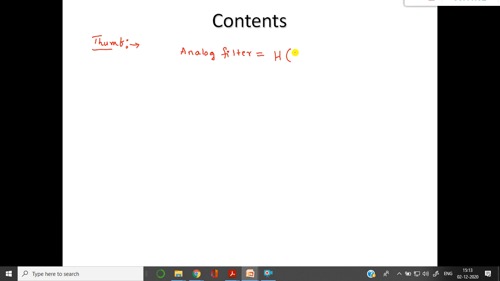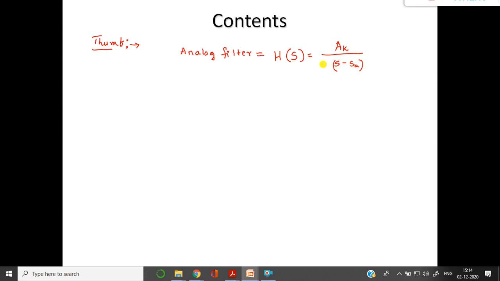Very simple. So this is my transfer function. Let me assume it is an all-pole system, where ak is the gain of the filter, followed by s minus a, right?